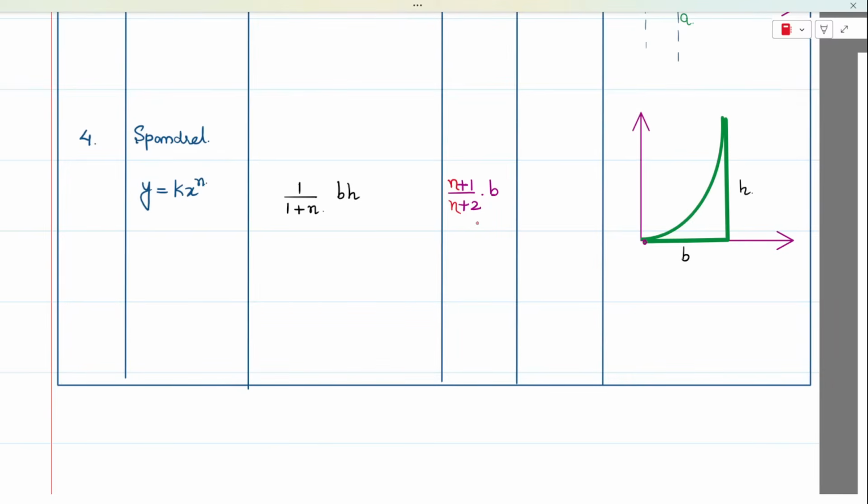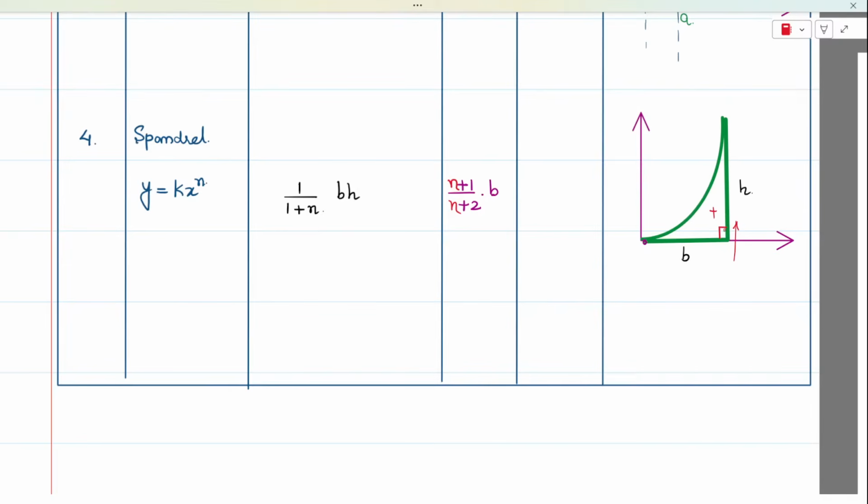If you keep n as 1, 2 or 3 in place, you can get the answers very easily. And now we are taking the base of the spandrel to be coincident with the x-axis. If that's the case, then once again recall the results from the triangle.